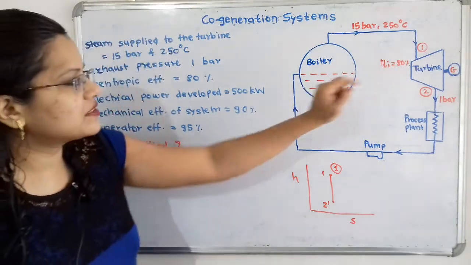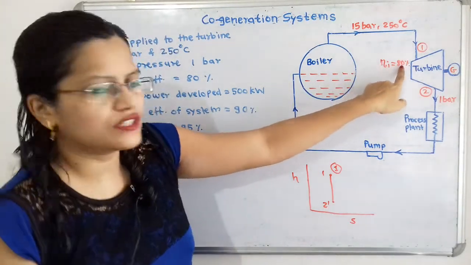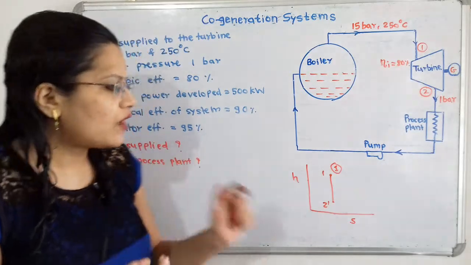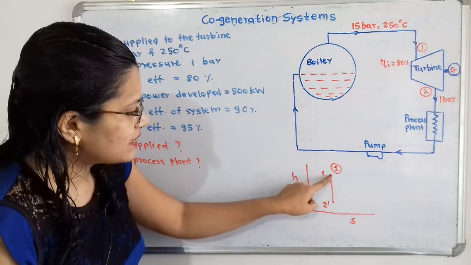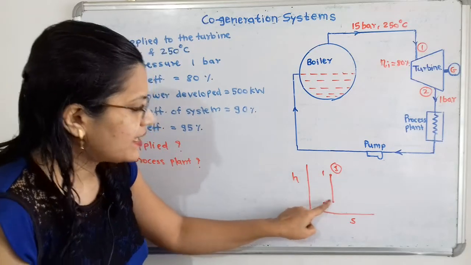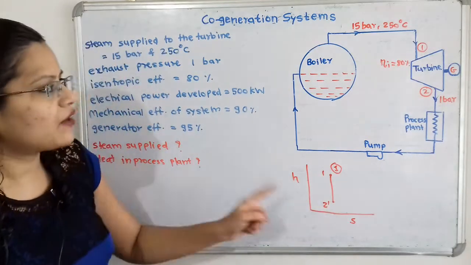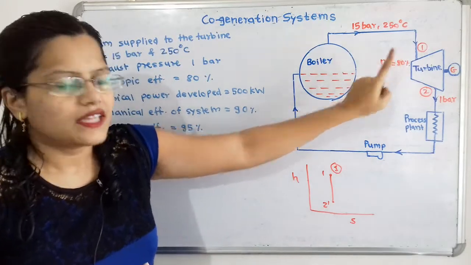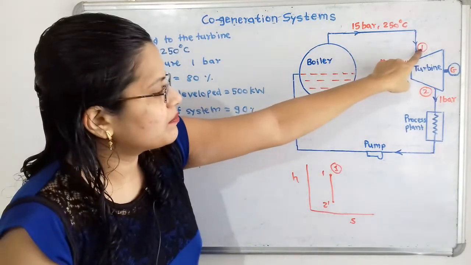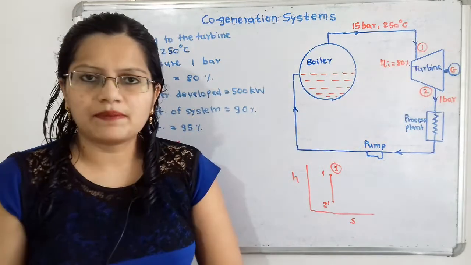Now we have to consider this isentropic efficiency of 80%. We take the difference between the enthalpy at point 1 and enthalpy at point 2 dash, and multiply it with 80% efficiency. Then we get the actual difference between enthalpy at point 1 and enthalpy at point 2.